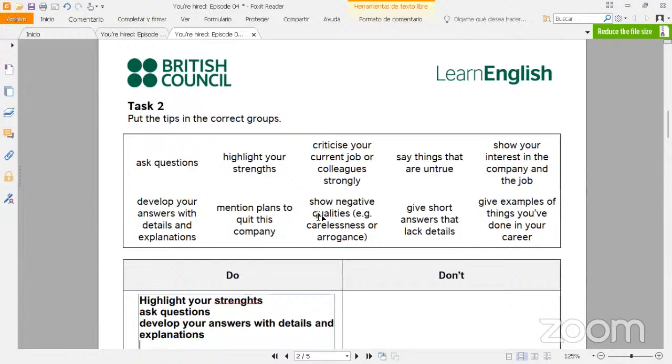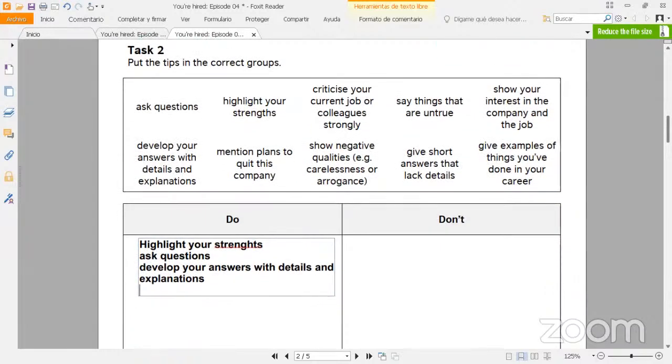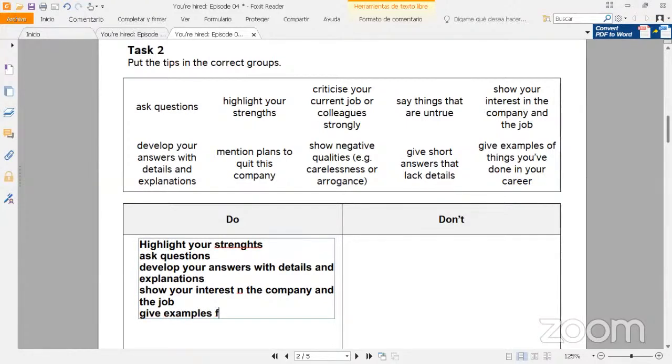Show your interest in the company and the job. Give examples of things that you have done in your past.